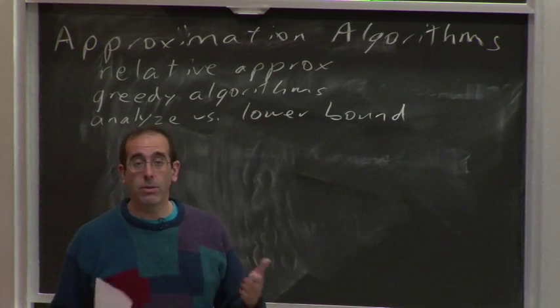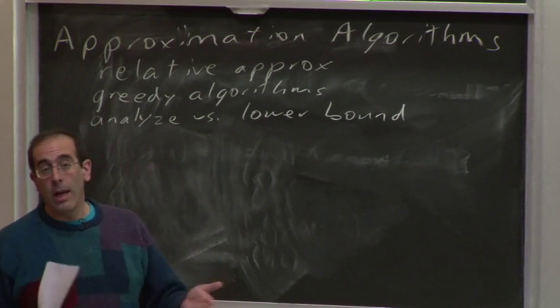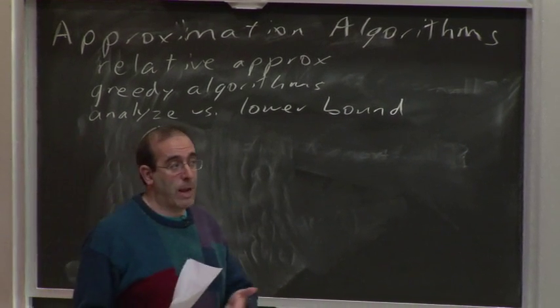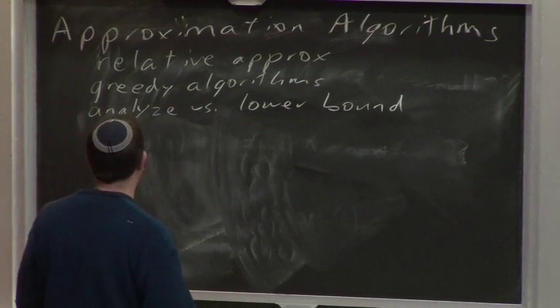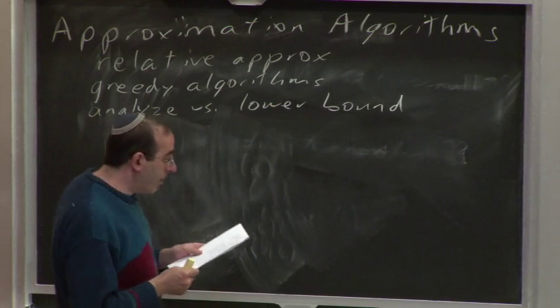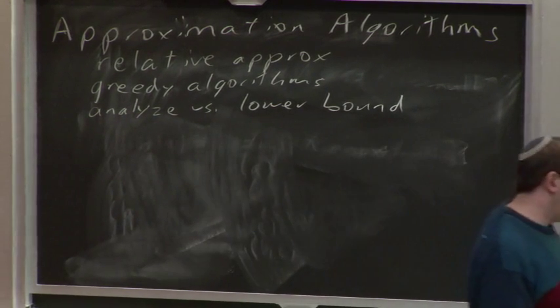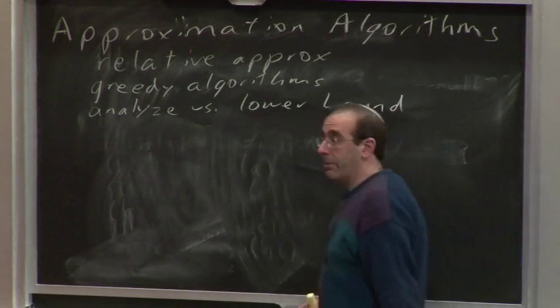Instead, we compare our solution to some bound on the exact solution. And if we're close to that, then the exact solution is trapped in between, and so we're close to the exact solution as well.